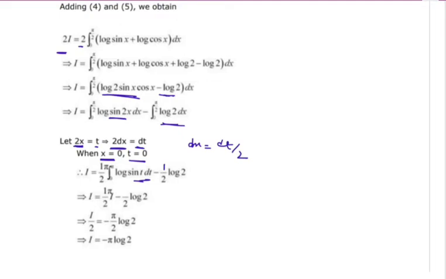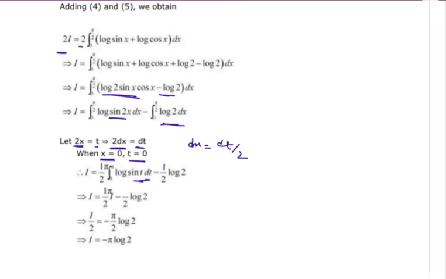This term can be written with limits 0 to pi, log sin t dt minus 1 by 2 log 2, right?